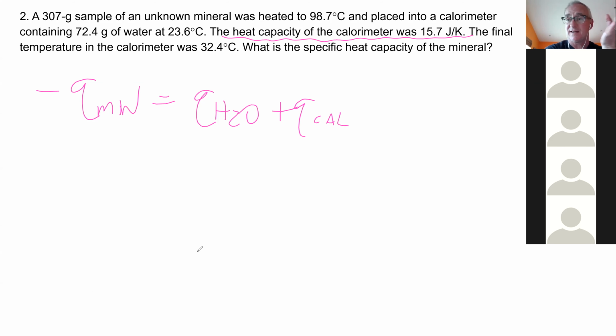If we did this in the lab, you would have to have both, because we can't design such a perfect calorimeter that its heat capacity is 0. It's going to be something. Also notice there's no mass units there. When you fill up your coffee cup or whatever it is with water, the mass of the calorimeter is basically meaningless.